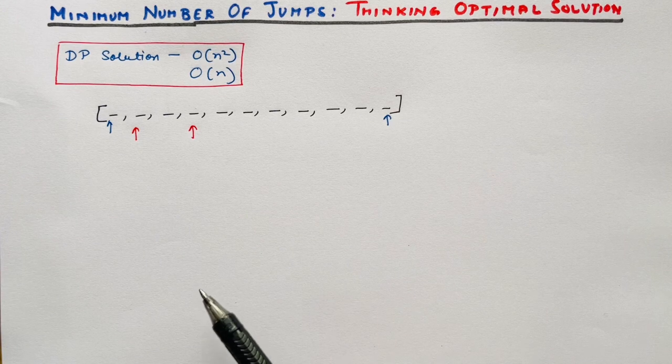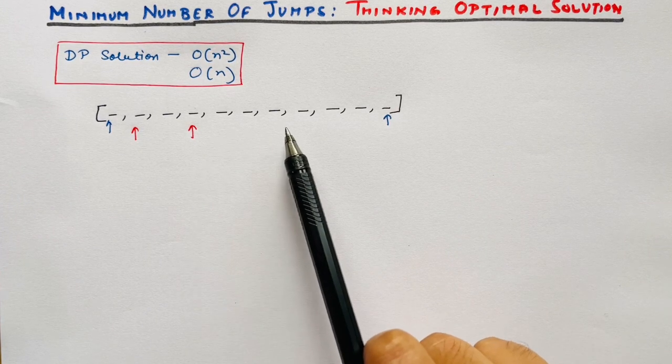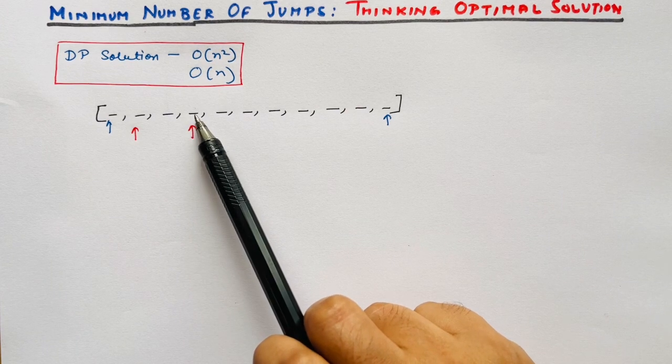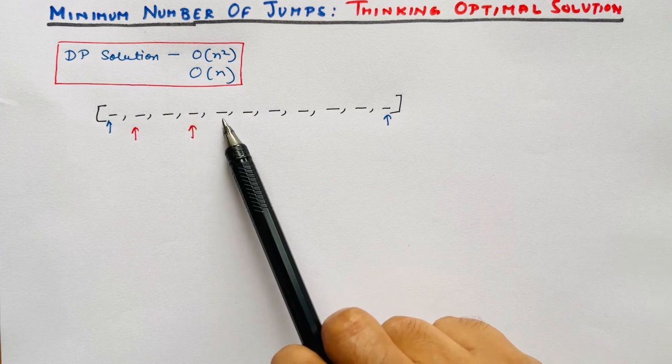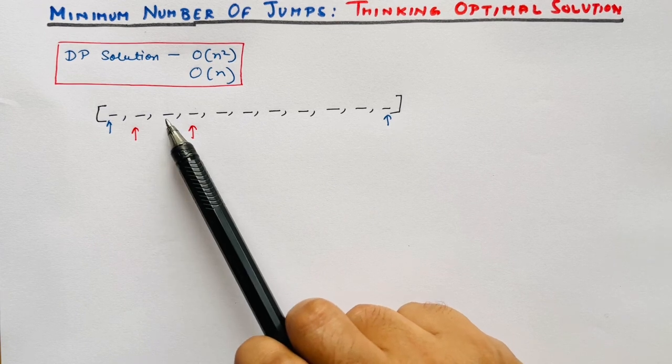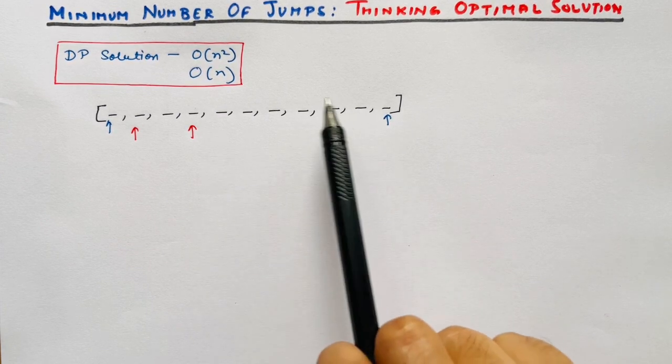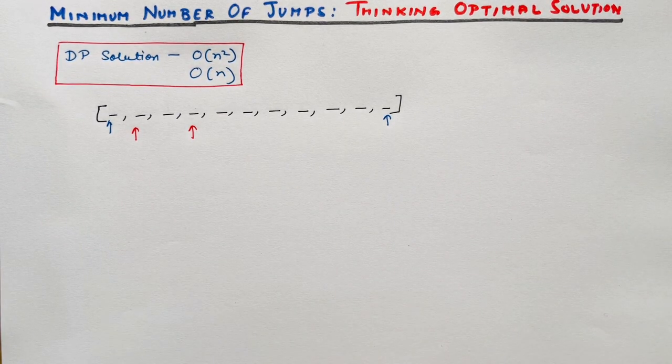How will we figure that out? Is it the value at this position? No, not necessarily. The value at this position could be just 1, and that means we could have reached till this position only. But the value at this position could be 9 or 10 or 8. That means we could have jumped to any of these positions by 2 jumps only.